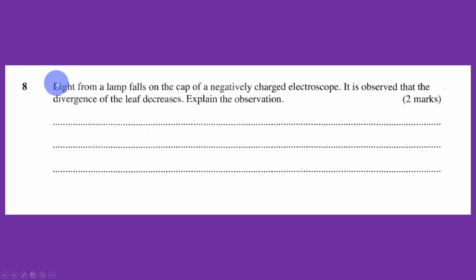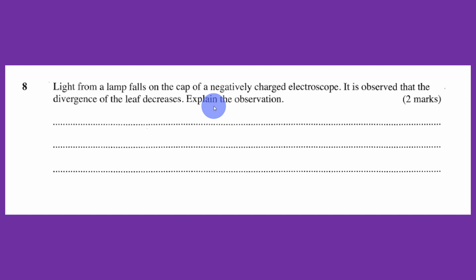In question 8, we are told that light from a lamp falls on the cap of a negatively charged electroscope. It is observed that the divergence of the leaf decreases. Explain this observation. Of course, here we need to understand how electroscopes get charged.